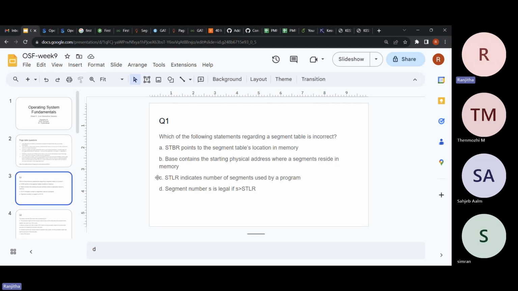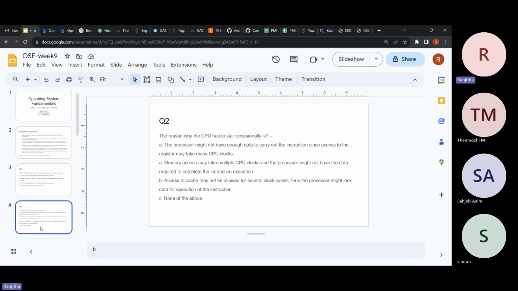It indicates the number of segments used by a program. And then the other one is: segment number S is legal if S is greater than STLR. That is wrong, S is legal if S is less than STLR. But here it is given as S is greater than STLR. So option D is wrong here. Rest all the statements are correct.